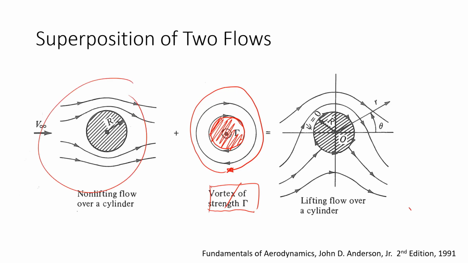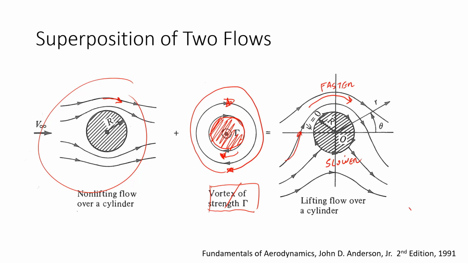But when you move that rotating cylinder through the air, over the top of the cylinder the rotation tends to add to or reinforce the flow going past, so we get a faster flow over the top. Underneath the cylinder, the effect of the rotation is to slow down or retard the flow, so we get a slower flow over the bottom. In front, it tends to deflect the flow upwards.